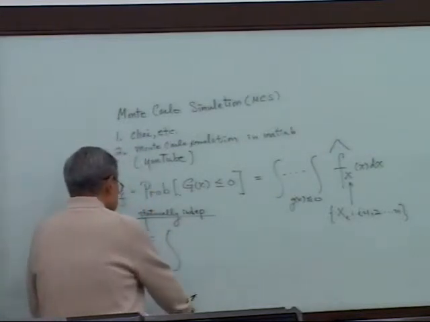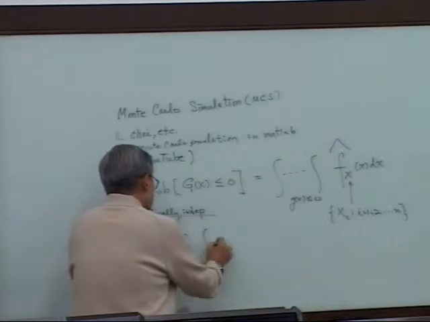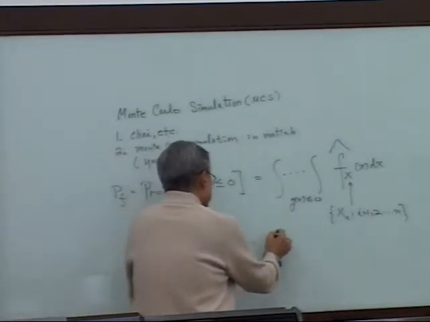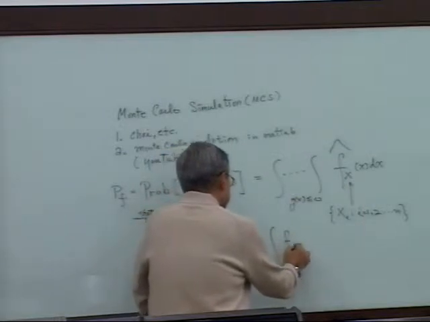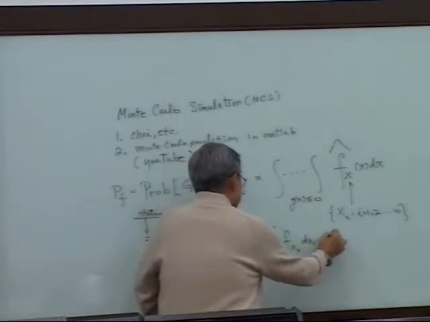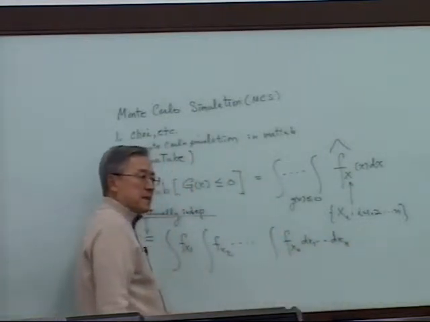So you can say this is equal to f_x1, f_x2, and you can simply get everything up to f_xn and dx1 all the way through dxn, one at a time.